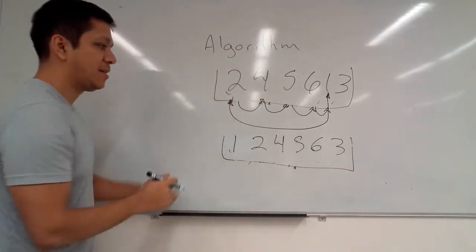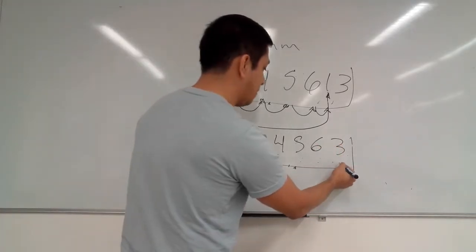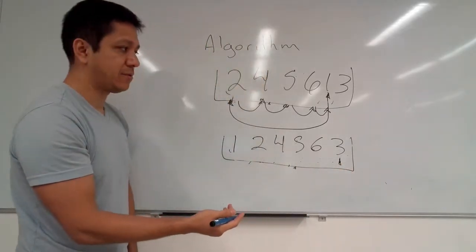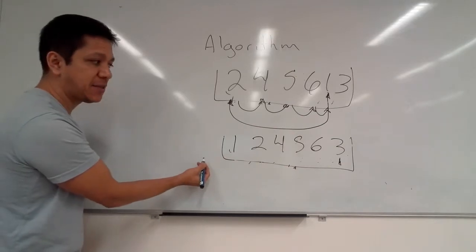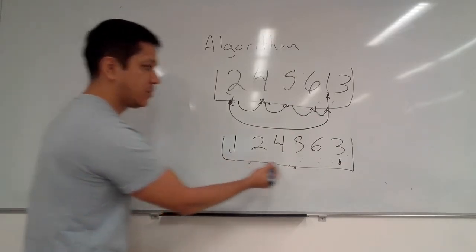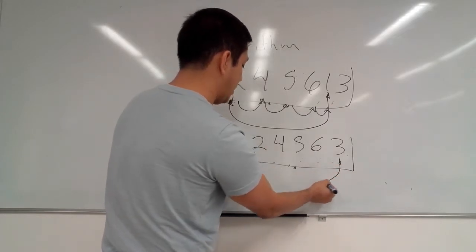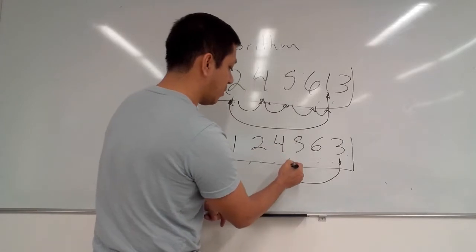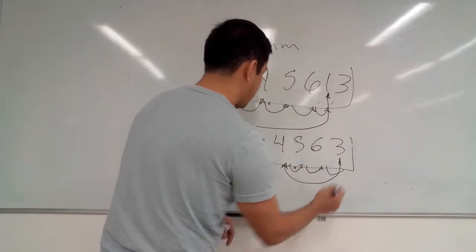Now, in this section, the index is going to be the number 3. In this section, the number 3 will be compared with the rest of the length. So it's going to be in this section, and the rest of the numbers will give a little jump to the next.